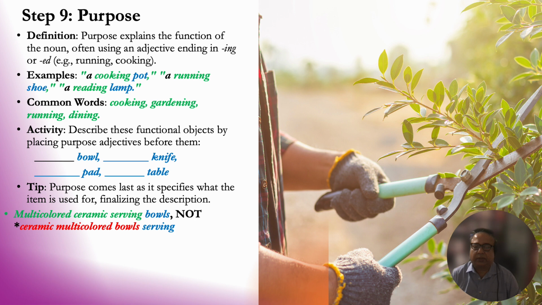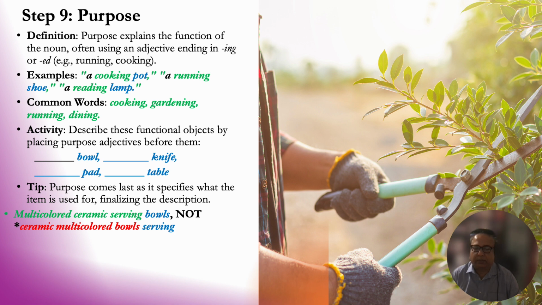I need you to describe these functional objects. They each serve a purpose: bowl, knife, pad, and table. You know what a knife is for. Can you use a purpose adjective to refer to the noun? Bowl, pad, table, and knife, all of that. Look at the example below.